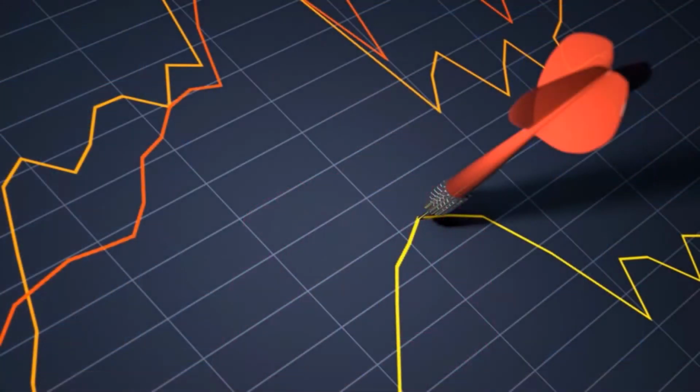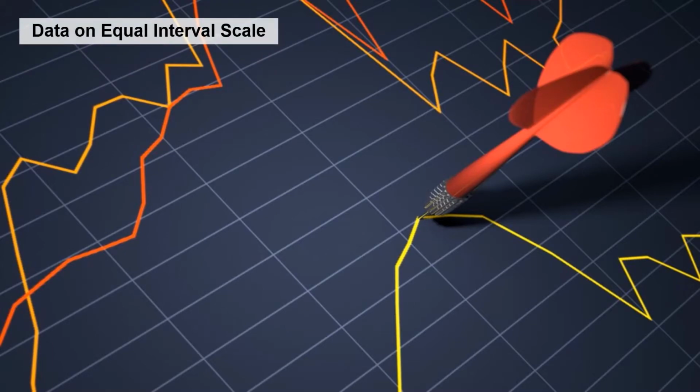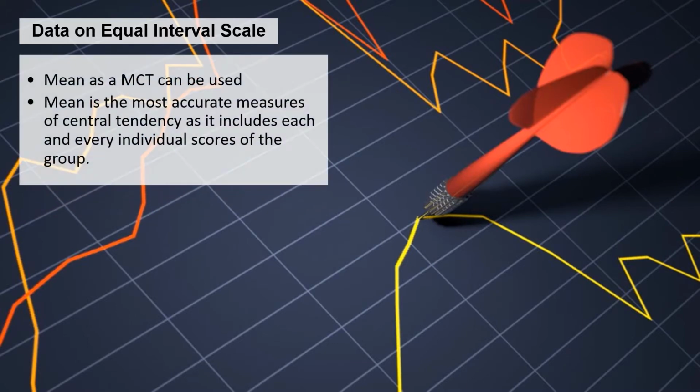And when we talk about the equal interval scale, or the interval scale, we can interpret the data in terms of equal intervals, just like 5 to 10, 10 to 15, 15 to 20, 20 to 25. These are class intervals, and we can say that these are equal class intervals. If your data can be interpreted and analyzed in equal class intervals, then you can use the mean as a measure of central tendency.